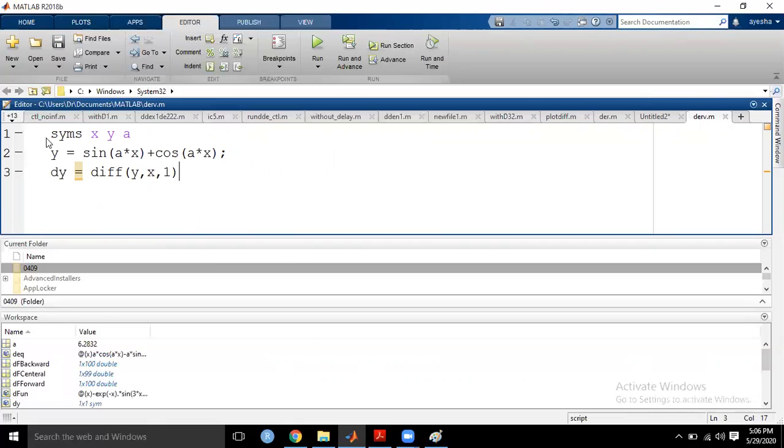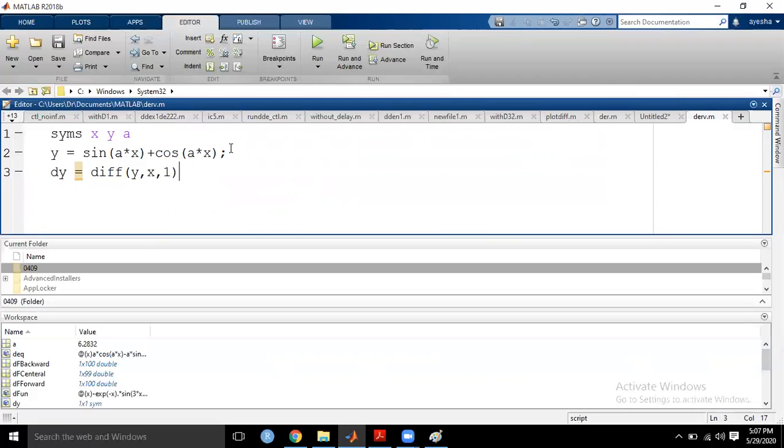For that, we will first write another M file, or you can write it in the same one, but to be more explicit, let us write another M file. How many unknowns are there? We have x, y, and a, and we have defined them using the command syms, and y is equal to sine ax plus cos ax.